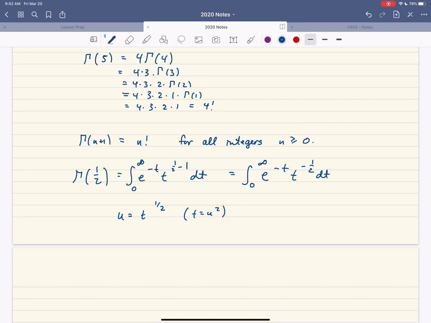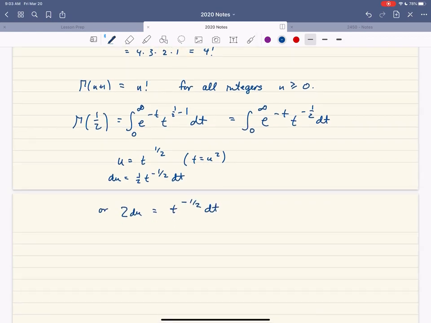There are a few different ways to do this, but that would mean du is 1/2 t to the negative 1/2 dt, or 2 du is equal to t to the negative 1/2 dt.